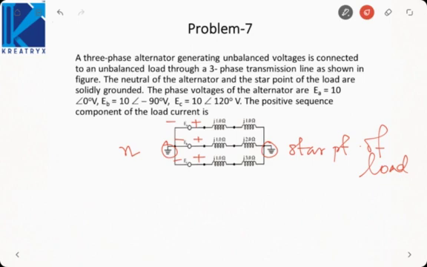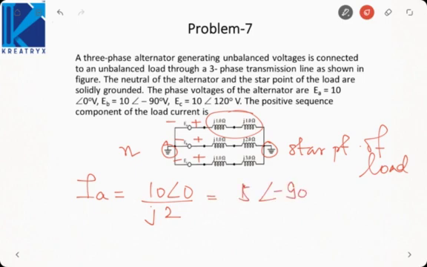We need to find the positive sequence component of load current. To find it, we need to find all the phase currents. So let us first calculate IA. IA will be 10 angle 0, that is EA, divided by this reactance, that is J2. So it will be 5 angle minus 90.